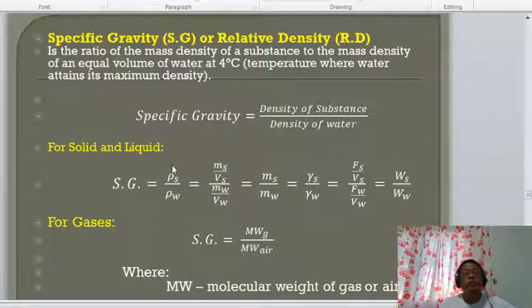For gases, specific gravity is equal to the molecular weight of the gas over the molecular weight of the air. So the standard gas is, of course, the air.